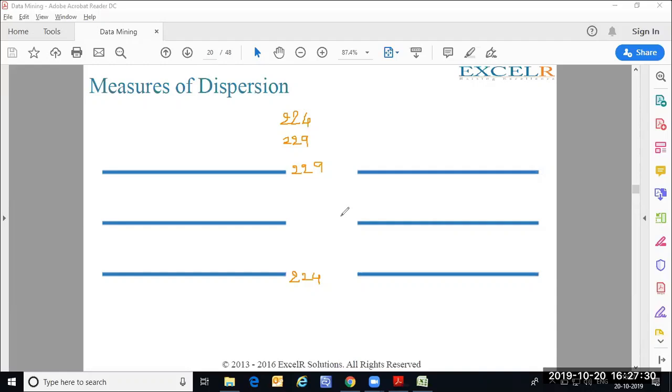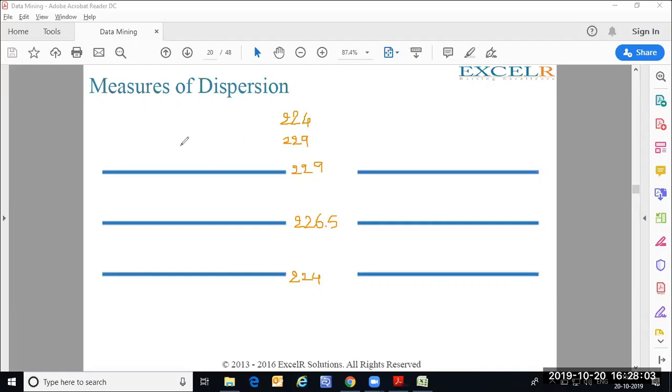And what is the average of these two? 226.5. Now, let's say ICC has opened up a tender for new manufacturers to accept the balls being manufactured by them for the next 1 year of cricket play.